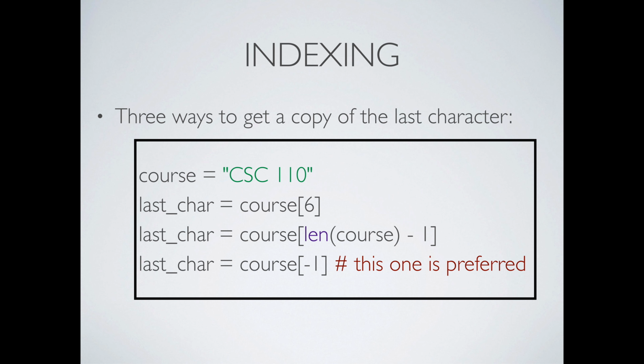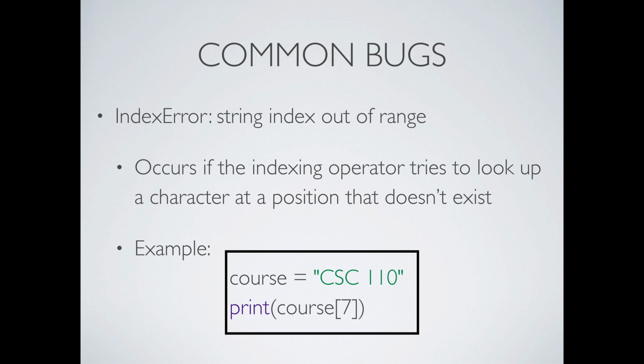So a common bug that you should watch out for with string indices is something called an index error. So you might get this message, string index out of range, if you try to look up a character at a position that does not exist.